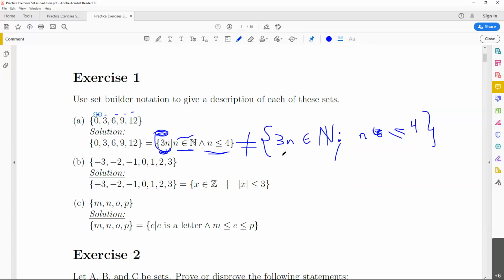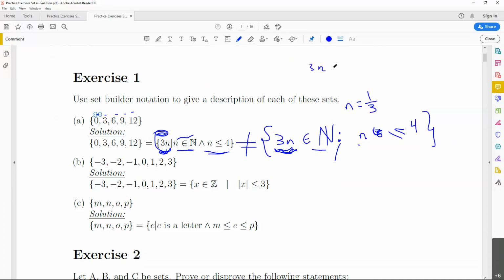What are you saying? 3 times n, the whole thing belongs to the natural numbers. And you're saying, hey, n is less than or equal to 4. So this isn't the same thing, because now I can say, hey, I can set n to equal, let's say, 1 over 3. 3 times 1 over 3 is going to be 1.